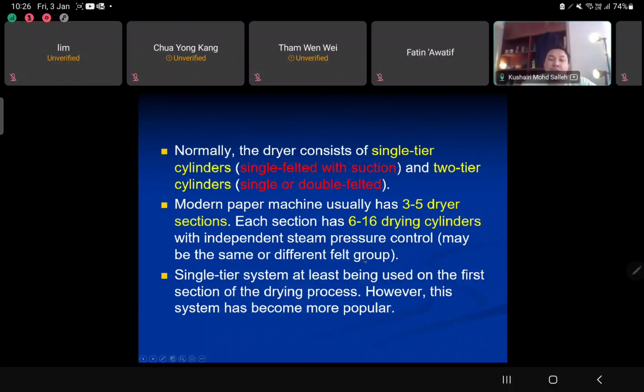Modern paper machines usually have about 3 to 5 dryer sections, and each dryer section contains about 6 to 16 drying cylinders.